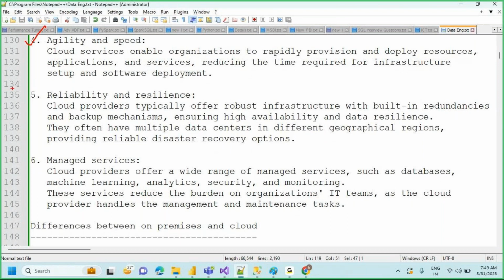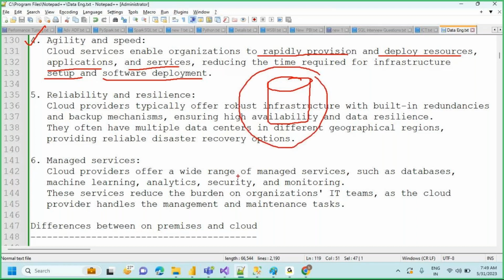Agility and speed. We can speed up your development when you go for this. Cloud services enable organizations to rapidly provision and deploy resources, applications and services, reducing the time required for infrastructure setup and software development. To have one SQL Server database on-premise, it takes days, it takes weeks also.